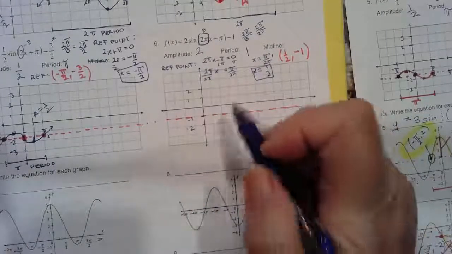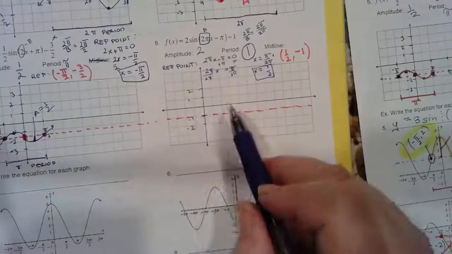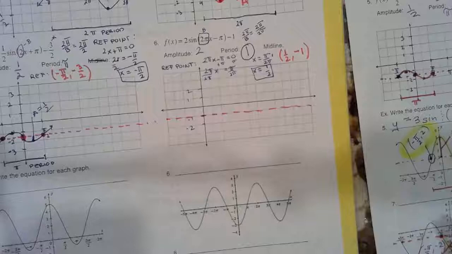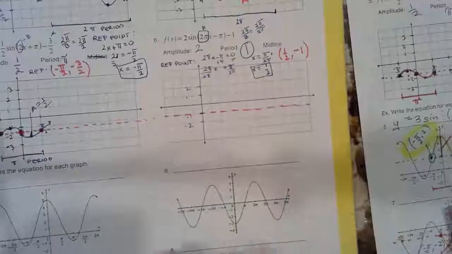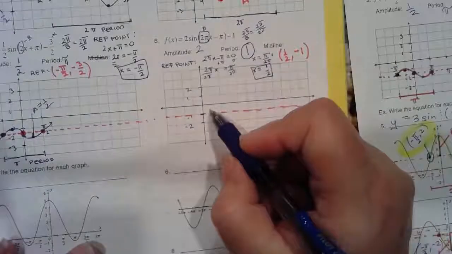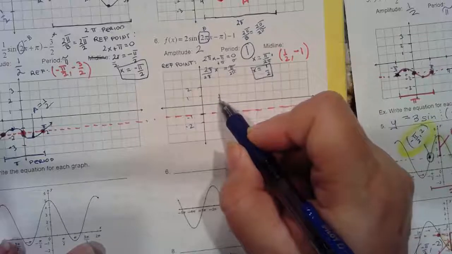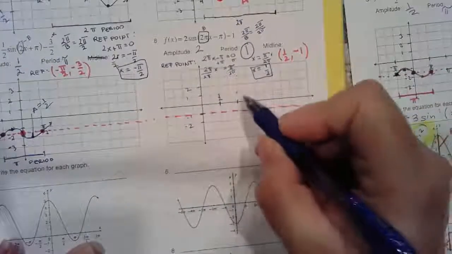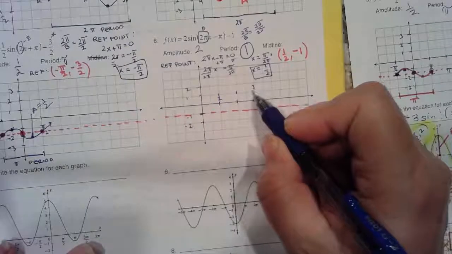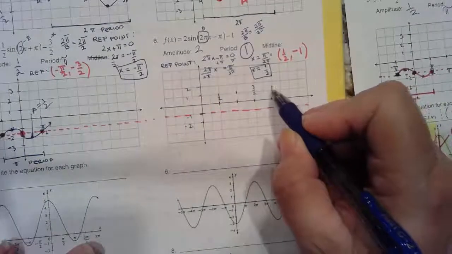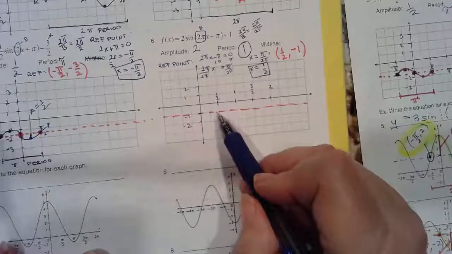Notice that my period right now does not have a pi, so when I'm labeling, I am going to label clearly each one. This is going to be my 1/2. This is going to be 1. This is going to be 3/2. And this is going to be 2. That should be sufficient.